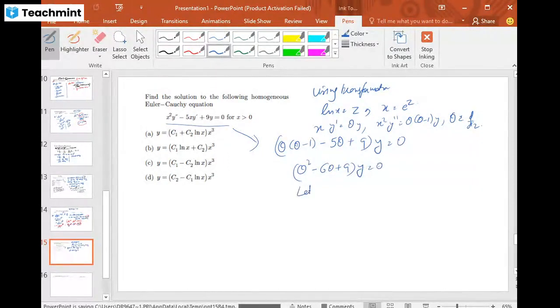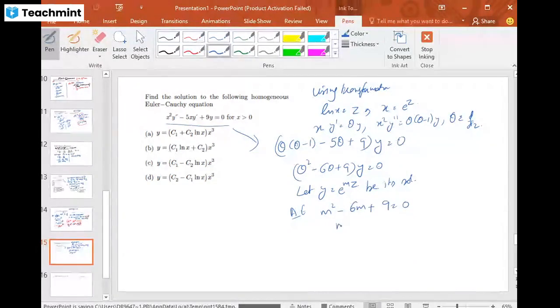Now let y equal to e raised to the power mz, because theta is d by dz. Again, I am repeating, this is an independent variable. We are assuming e power mz be its solution. So its auxiliary equation is m square minus 6m plus 9 equal to 0.